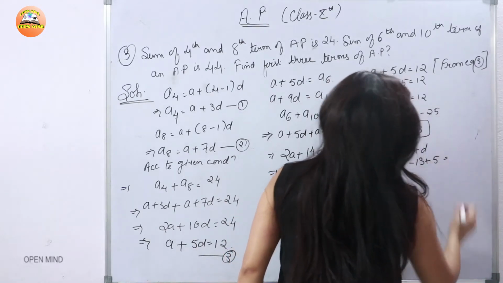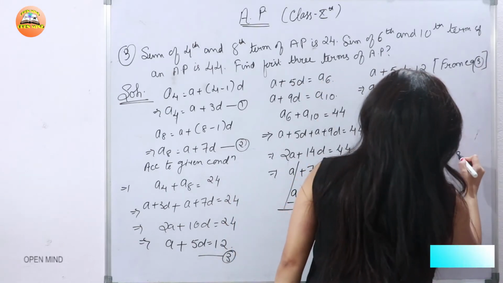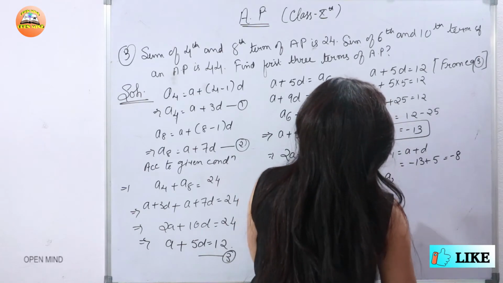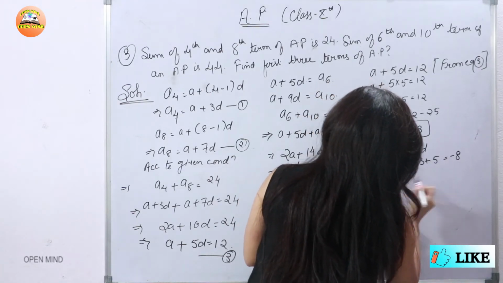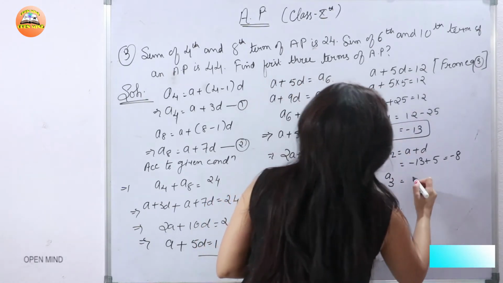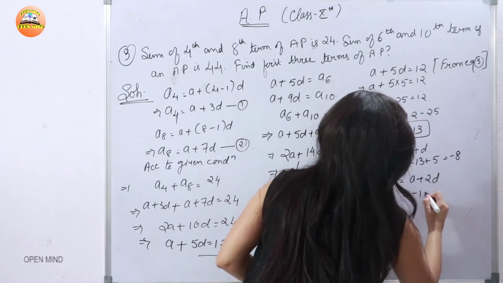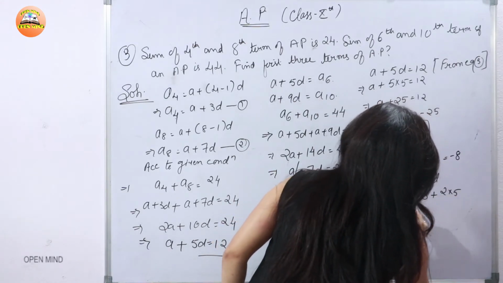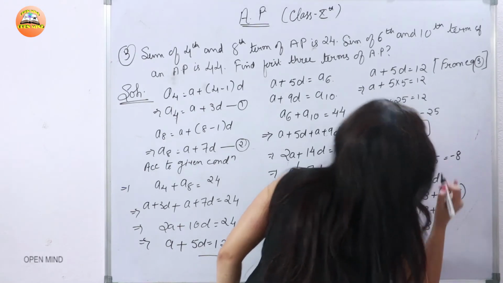What will be a2? a2 is a plus d, which is minus 13 plus 5, that is minus 8. a3 will be equal to a plus 2d. What is your a here? Minus 13 plus 2 into 5. That is minus 13 plus 10. So that is equal to minus 3.